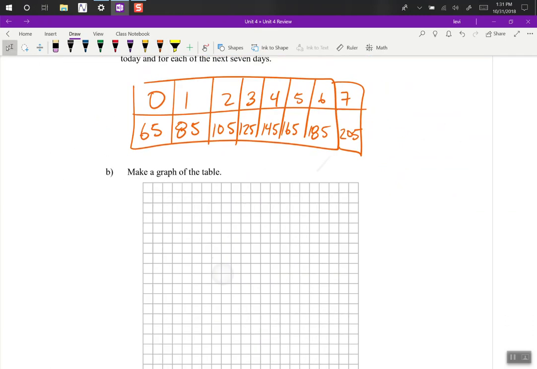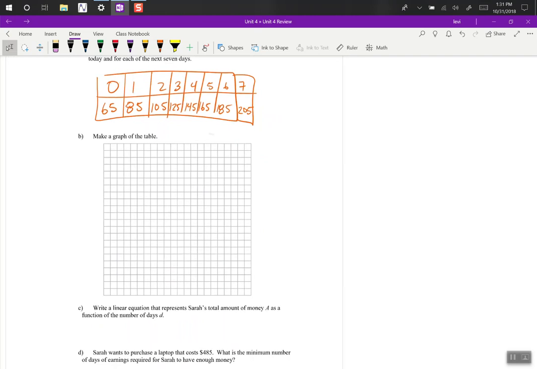So then to make a graph of this, we're not starting at 0 here. We'll skip some, so we'll just say 65, 85, and we'll count by 20s each one. And we'll go our days.